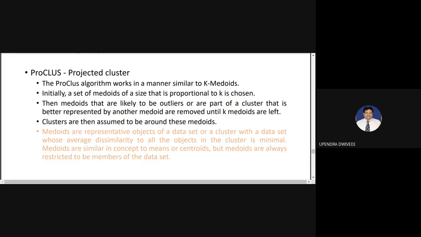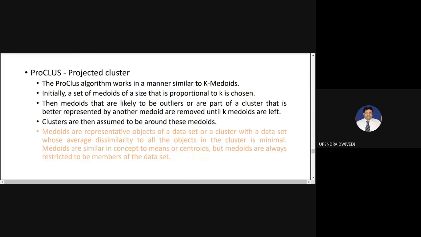Initially, a set of medoids of size proportional to k is chosen. As in k-means, we take a set of k medoids, and that can be random. Then medoids that are likely to be outliers, or part of a cluster that is better represented by another medoid, are removed, and we continue until k medoids are left.